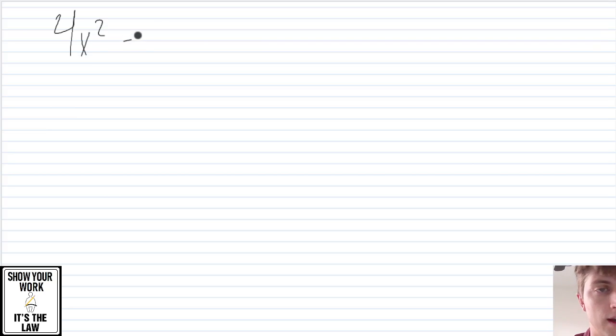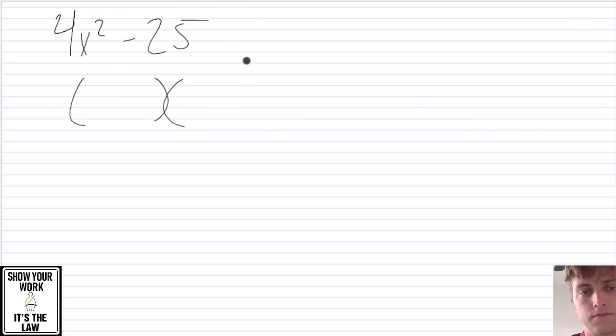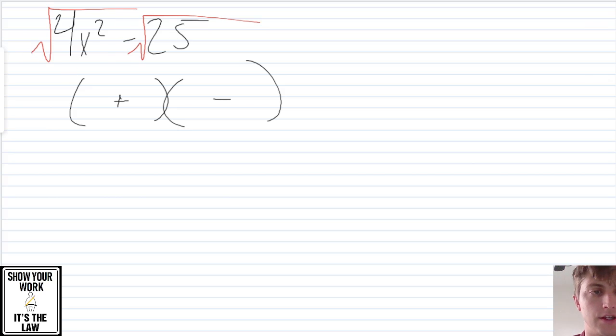4x squared minus 25. So we see that it has the x squared term. It does not have an x term, but it does have a constant. So what we can do is break it into our conjugates, plus and minus. We take the square root of this first term right here, and the square root of this second one right here. Y'all know that the square root of 25 is just 5 and 5.